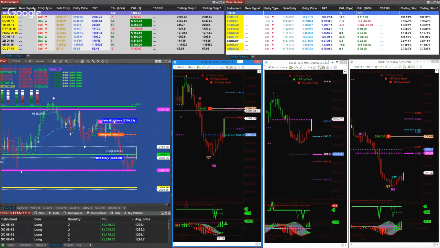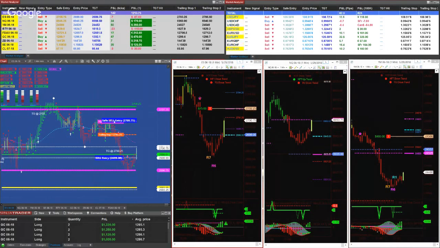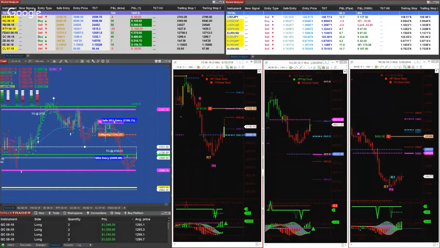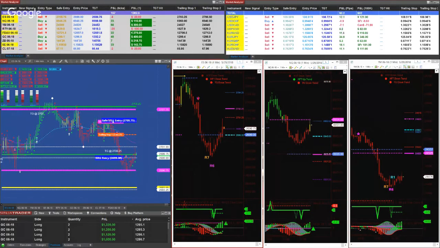So right now, close position on the ES, and there is a buy-in coming in on the ES, close position. I'm about to close position. For the one, close position at 99 level.